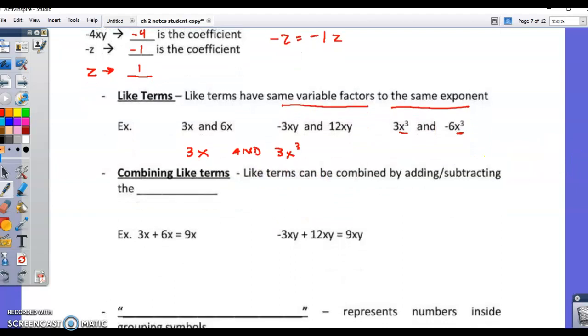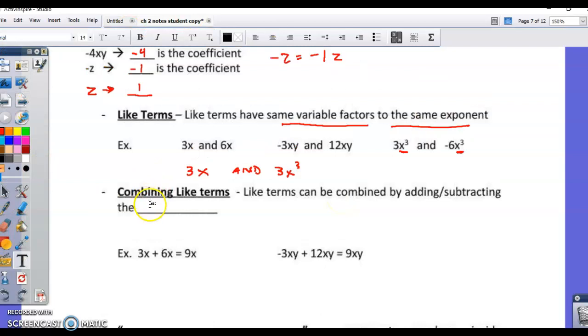Now, once we can identify the coefficient, and that they are like terms, mathematically we are allowed to combine the like terms. Like terms can be combined by adding or subtracting the coefficient. So write that in there, coefficient, which is this right here.